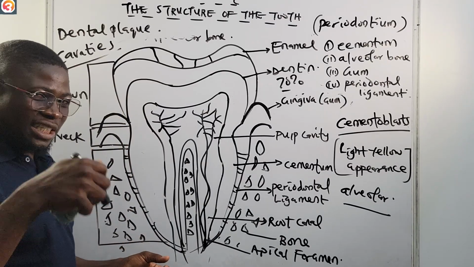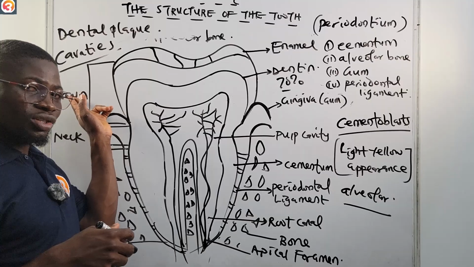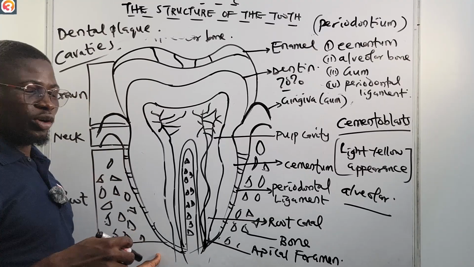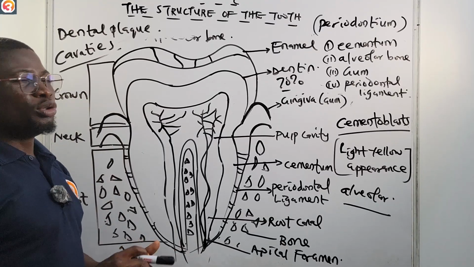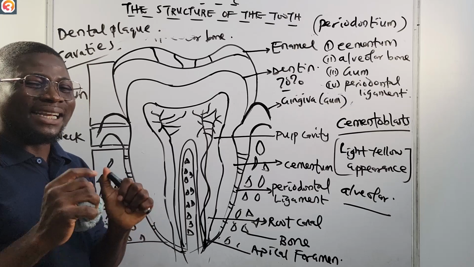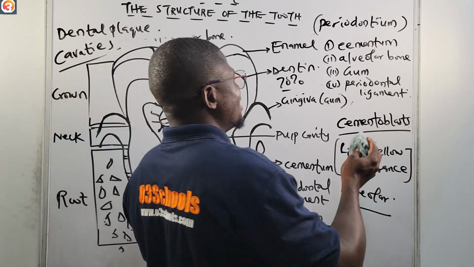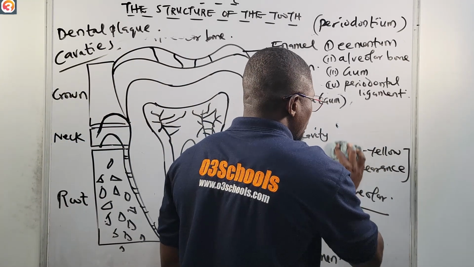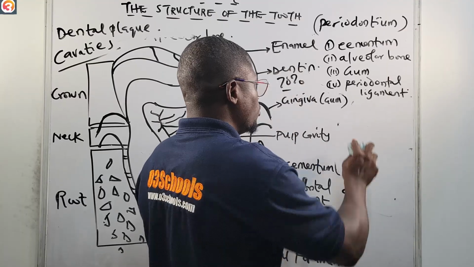It is produced and maintained by cells known as the odontoblasts.